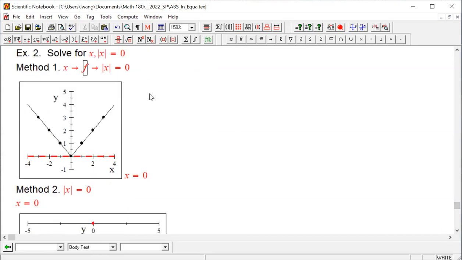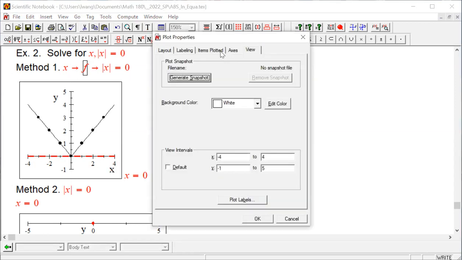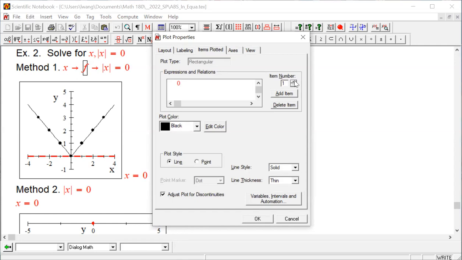For the second example, I'm also going to show you the function perspective. Since we know the output is 0, I'm drawing this horizontal line. In fact, I'm going to make that horizontal line solid, not broken.